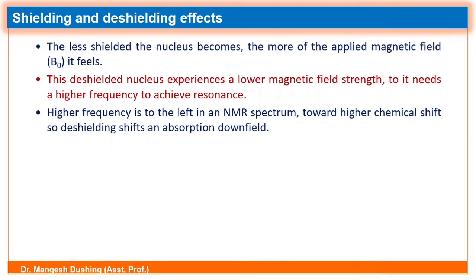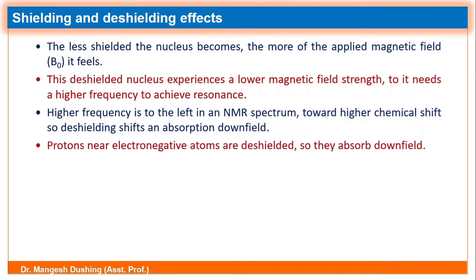So if shielded protons are there, then the peak shifts towards the right hand side, high magnetic field, up field. But if de-shielded protons are there, then they absorb at low field, down field, towards the left hand side. Protons near electronegative atoms are de-shielded, so they absorb at down field.